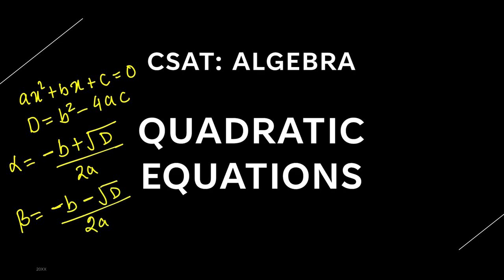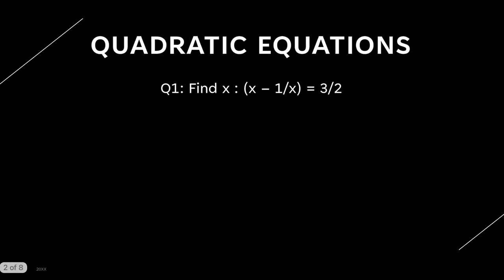I hope you are able to recall this. Now, starting with the first question. If you have downloaded it and if you want to solve it on your own, now is the time. You can pause the video and come back once you have done to see the solution.